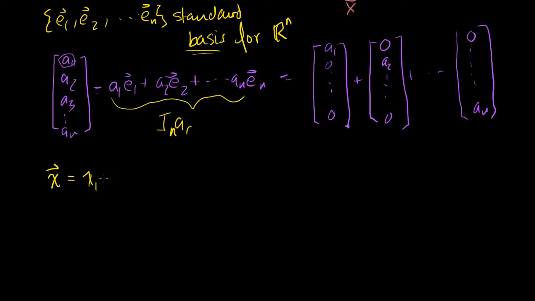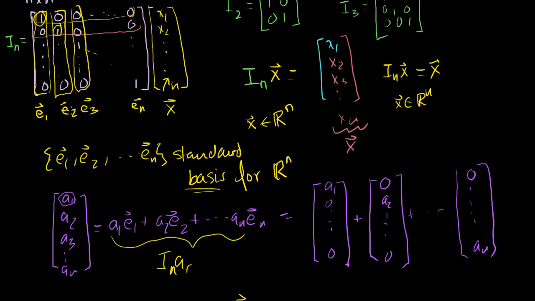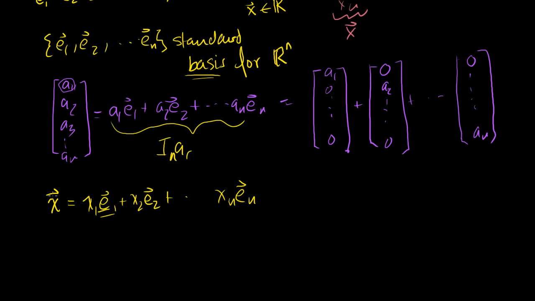So I can write that as x1 times e1 plus x2 times e2, all the way to xn times en. And remember, each of these column vectors, like e1, is just 1 in the first entry, and all the rest are zeros. e2 is a 1 in the second entry, and everything else is 0. e5 is a 1 in the fifth entry, and everything else is 0.